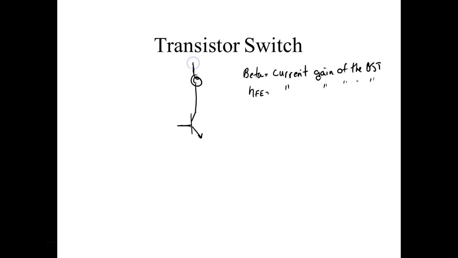So that's a symbol for a light bulb. And then we're going to come over here and have a little tiny switch over here, and this is going to go up to plus 5 volts.